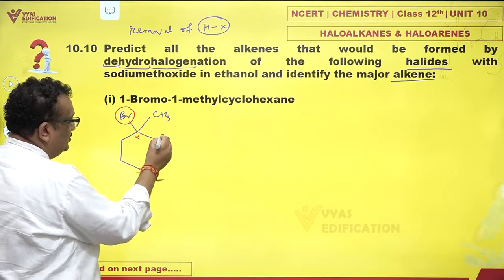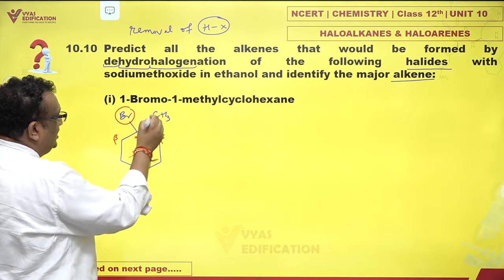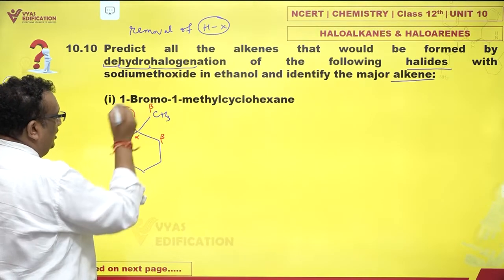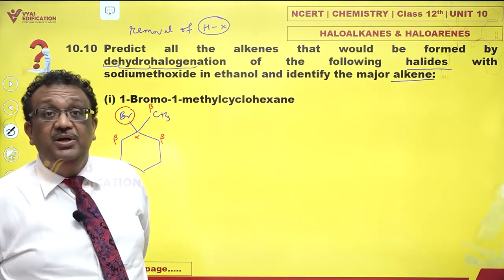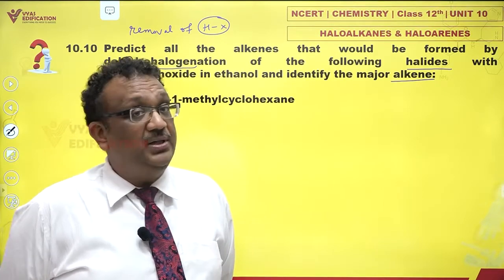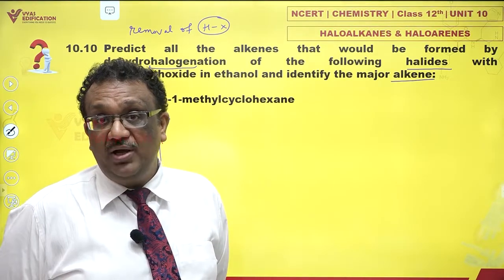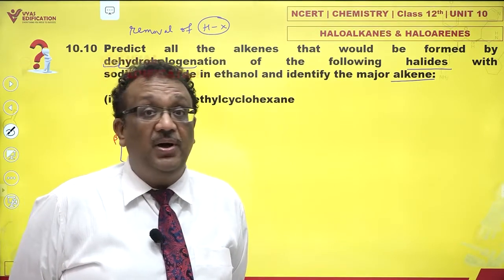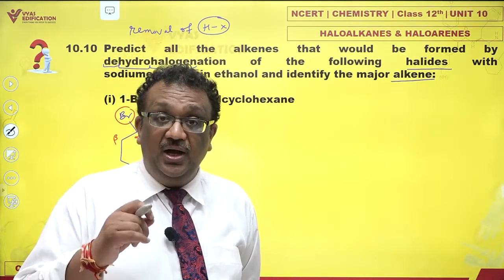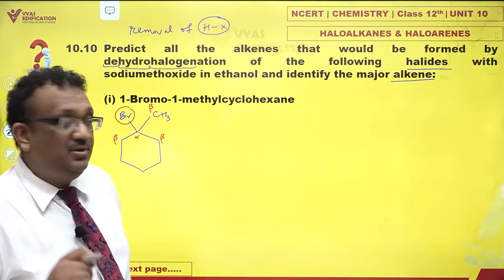This is alpha, this is beta, and this is also beta. The concept is that the beta hydrogen is removed by the base in a dehydrohalogenation reaction.